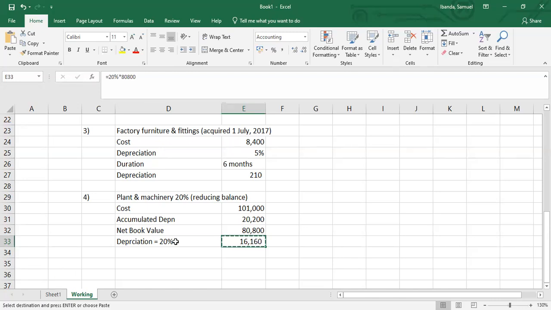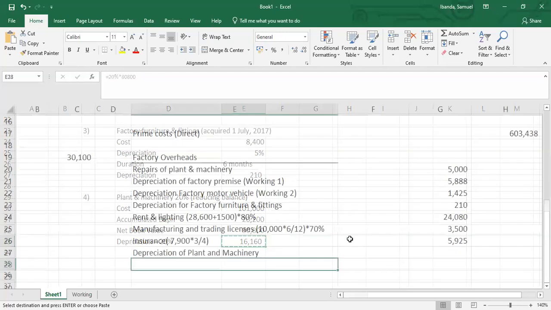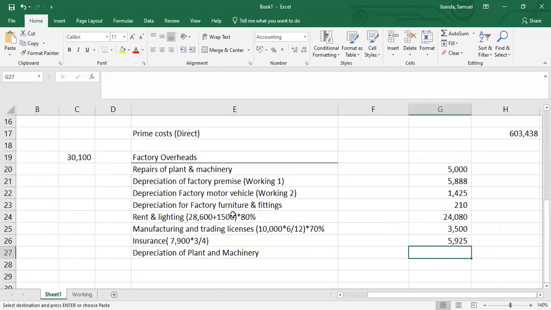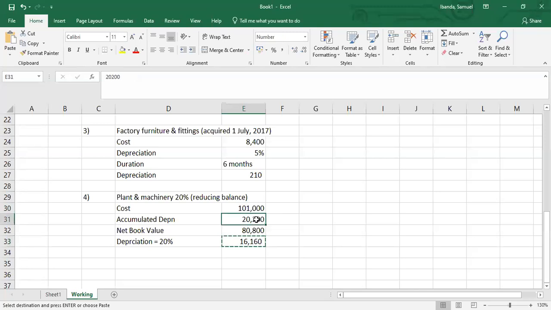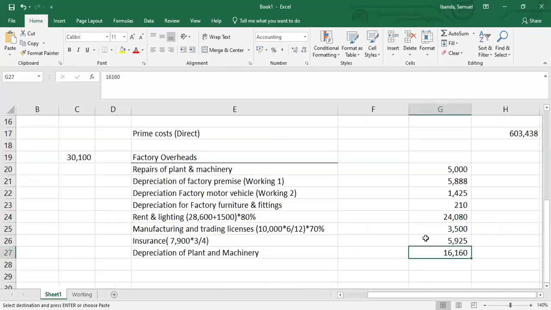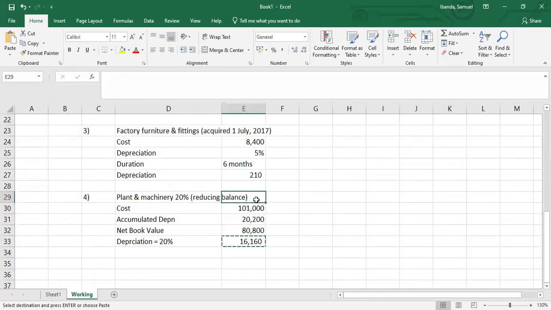I'll pick that and bring it here, which gets me to 16,160. Are we together? I hope we are together. Yes, we are very together, because this one already has no 3 zeros, so it's right. These amounts are in thousands, so you know.